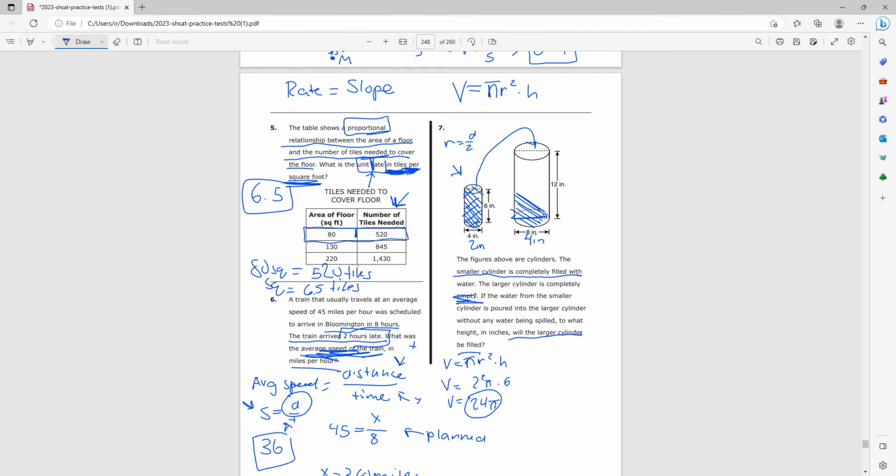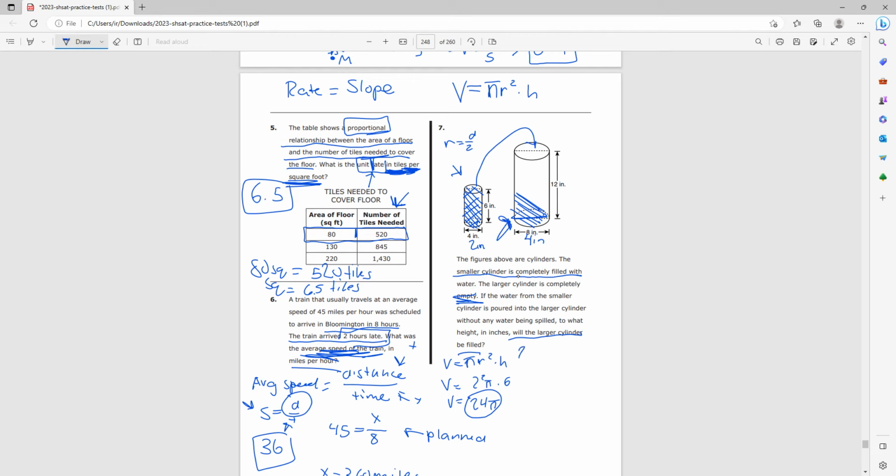So the way that I would solve this problem is I would imagine creating a second cylinder that has the same volume but a different height, right? It's going to become more clear later, but the way we do that is we plug 24 into our V equals pi r squared times h formula, and we substitute r with the radius from this cylinder, right?